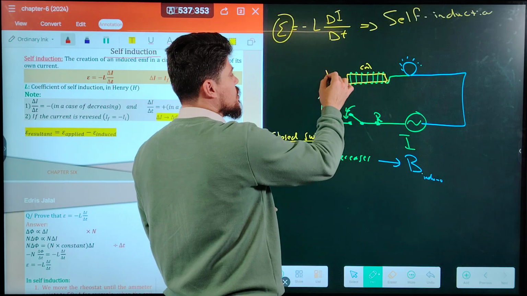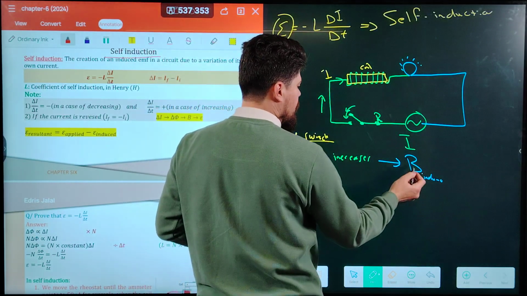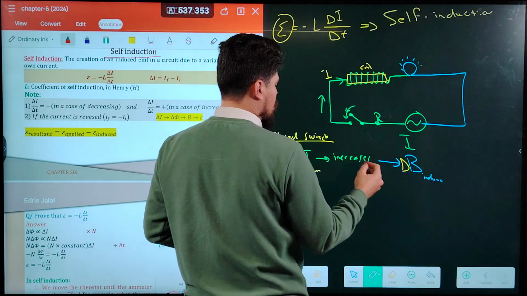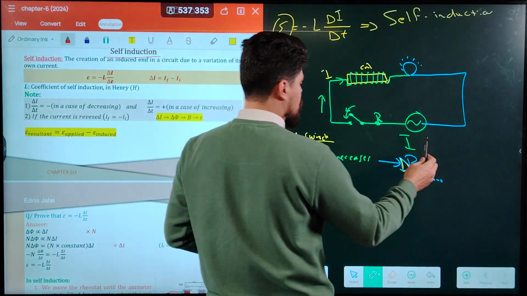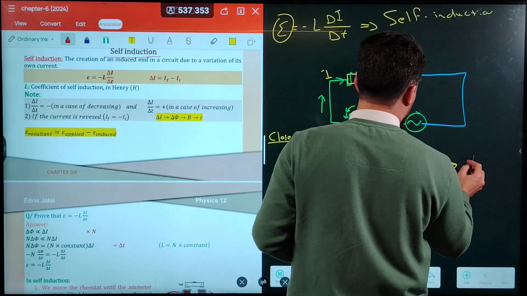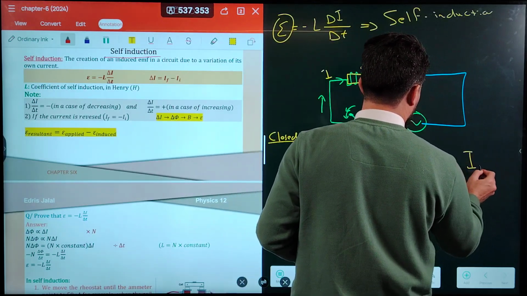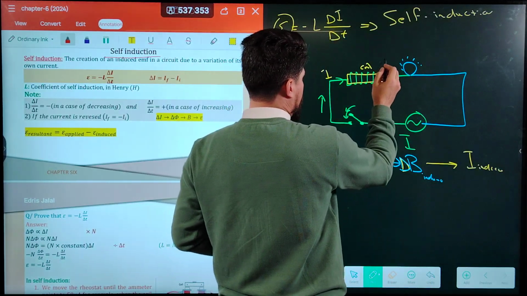When the current passes through this coil, this current produces a magnetic field. This magnetic field changes continuously. Why? Because the current is changed. So the magnetic field in turn induces a current.